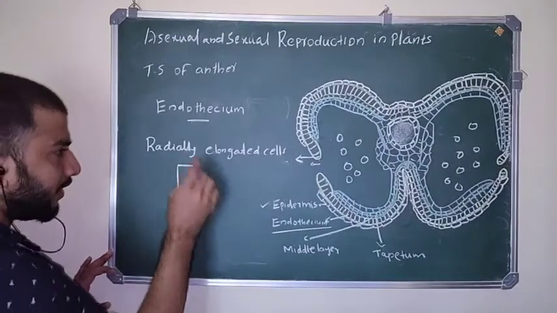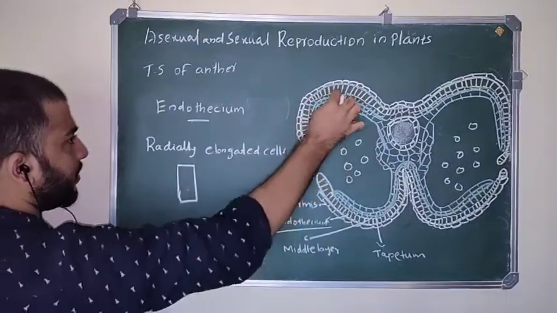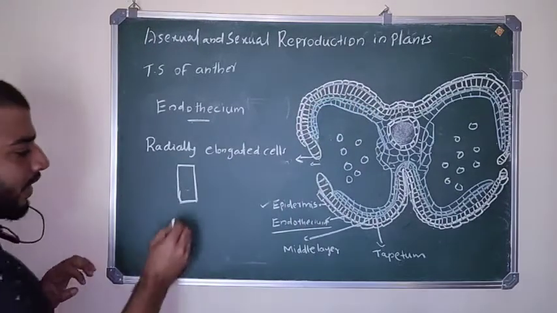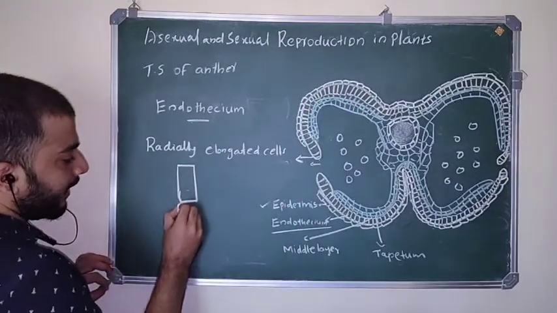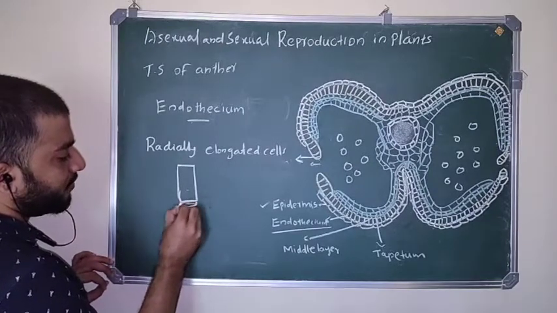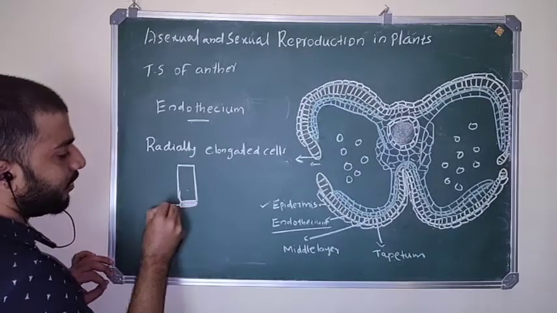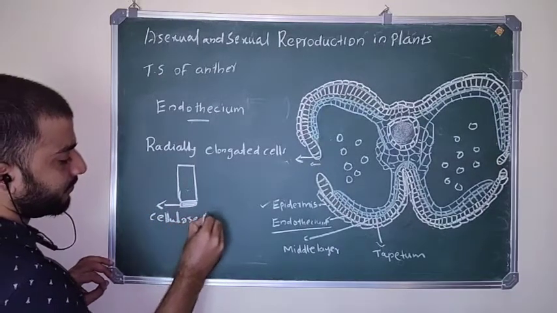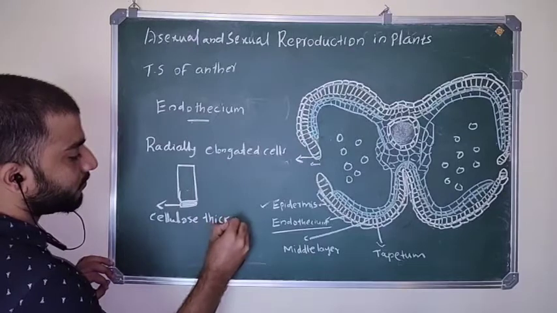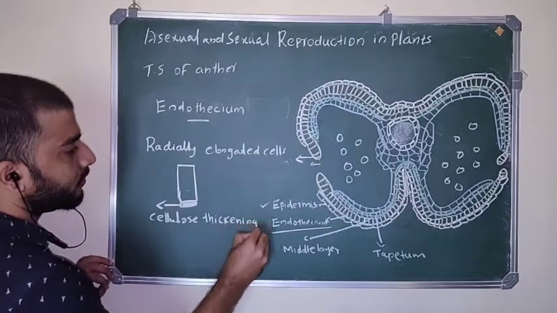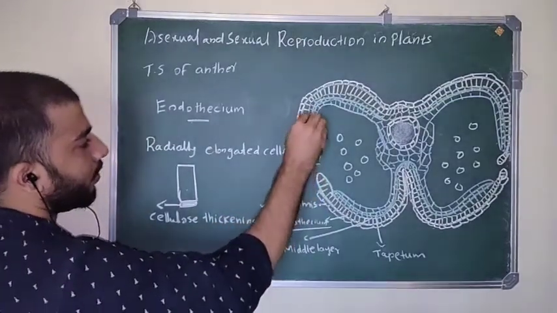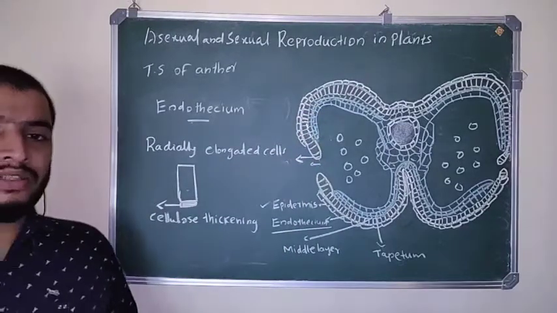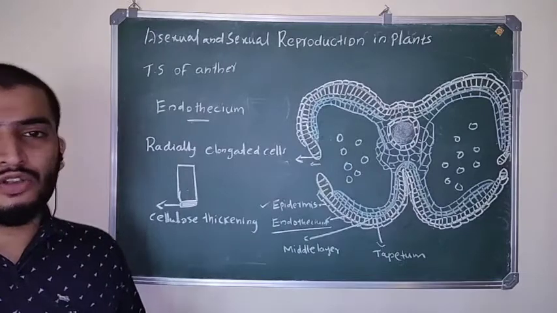On the inner tangential wall of these endothelium cells, cellulose thickening is present, or sometimes lignin deposition is also present.